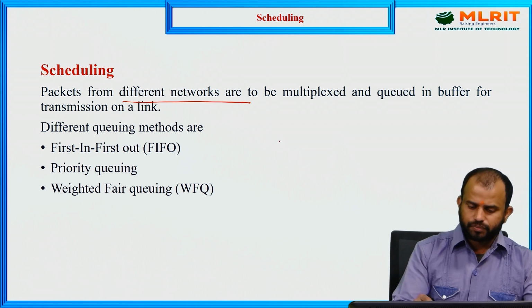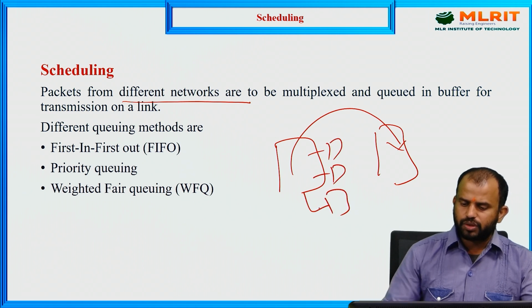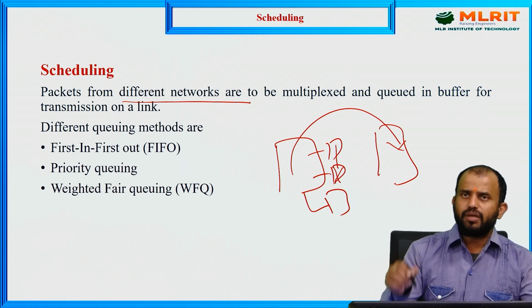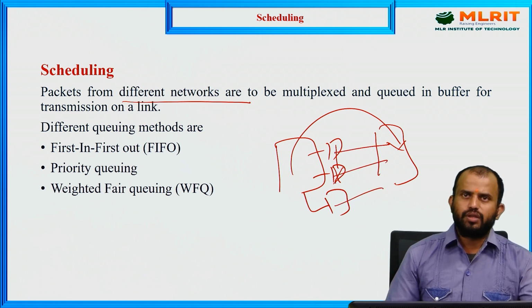For example, here we have two autonomous systems. Information is transmitted from different networks. We have multiple complex multiplexing situations, and these are in the form of a queue only, in buffer state, for transmission of information over the link.